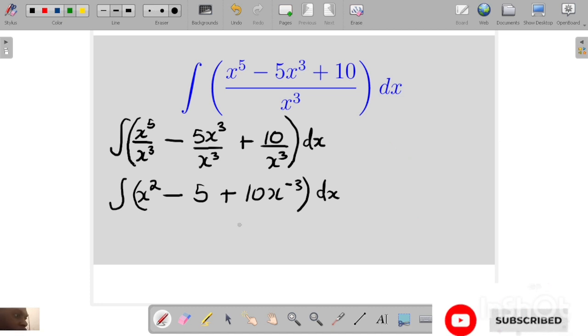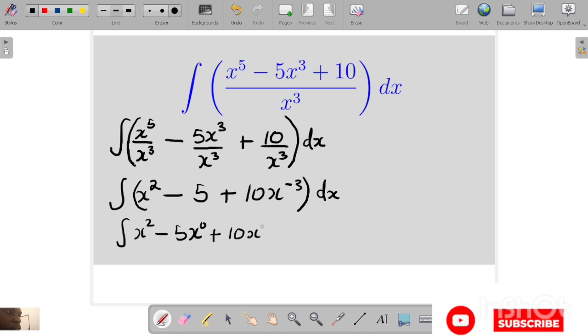At this stage, you can see that we have a 5 here, so we can write this as x squared minus 5x to the power 0, any number to the power 0 is 1, and 1 times 5 goes back to 5, then plus 10x to the negative 3, and everything dx.